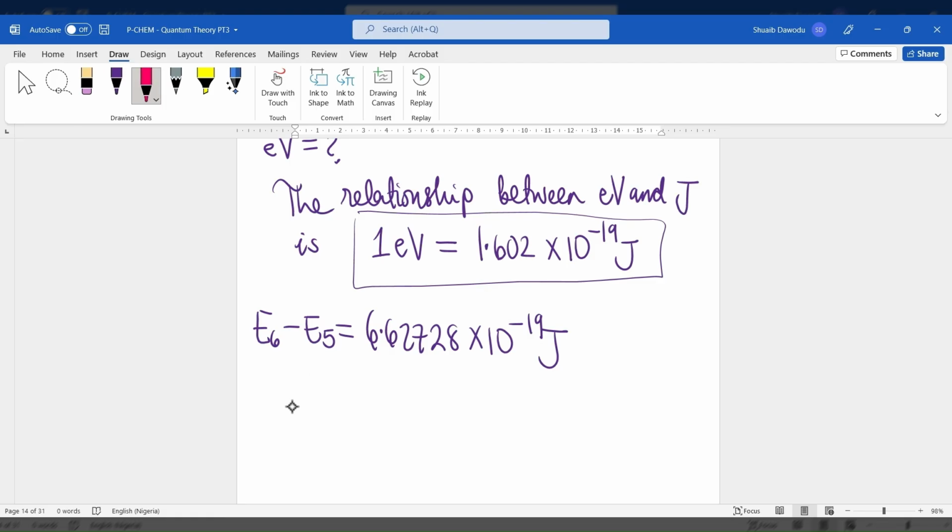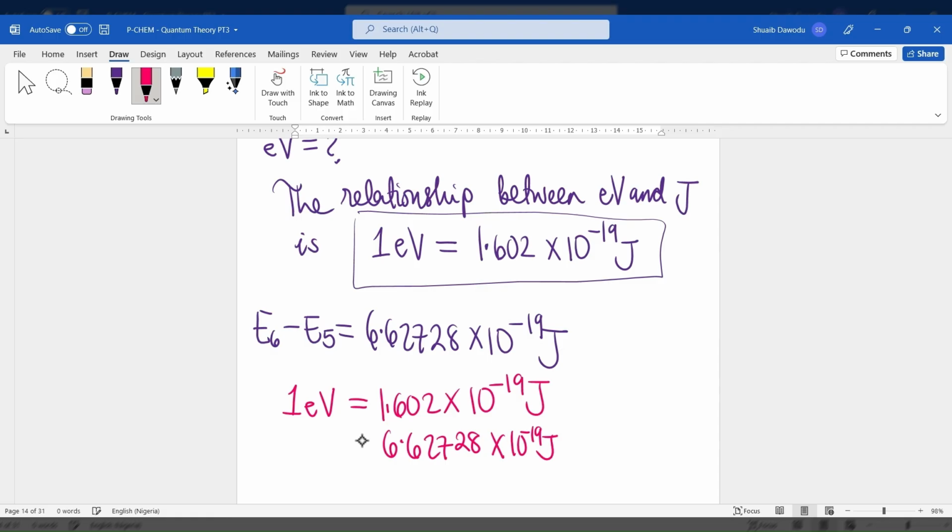So we know that 1 electron volt gives you 1.602 times 10 raised to the power of negative 19 joules. Then what is 6.62728 times 10 raised to the power of negative 19 joules going to give you? I'm going to denote this here as x, our general unknown.